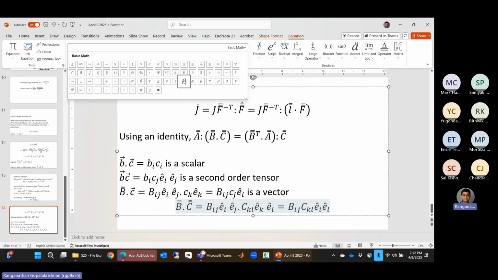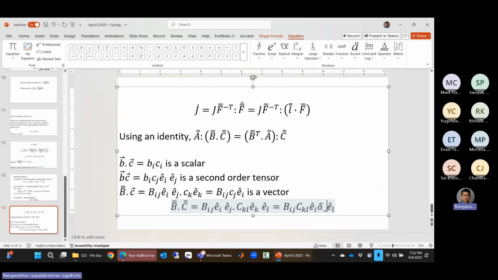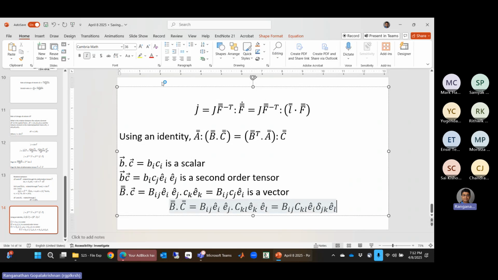I can put it wherever I want. So wherever k appears, I have to set it to j. So this is B_ij C_jl, and then I have e_i e_l.